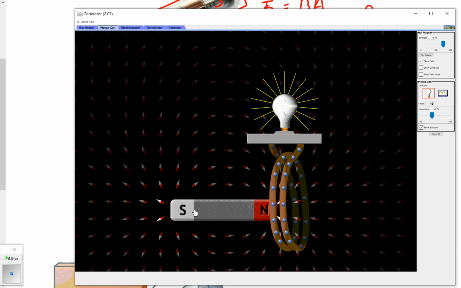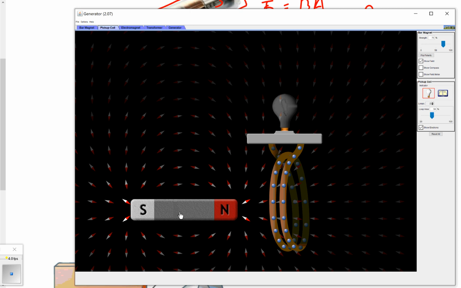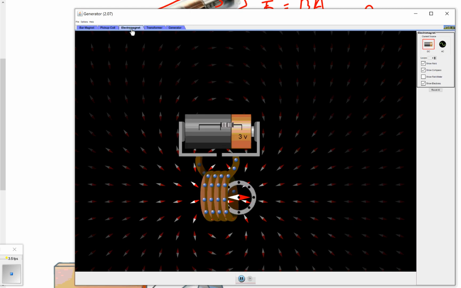So in other words, as this north pole is moving into the coil, remember, we've looked at this before. If you've got current in a wire, I'm trying to move the compass out of the way, but if you've got current in a wire, that creates a magnetic field. So in this case, a magnetic field we can look at with the little compass needles. So this is obviously the north pole of our magnet that we've created, our north pole of our magnetic field.